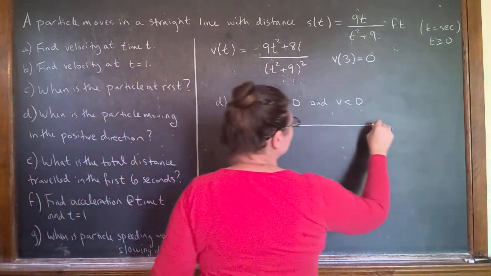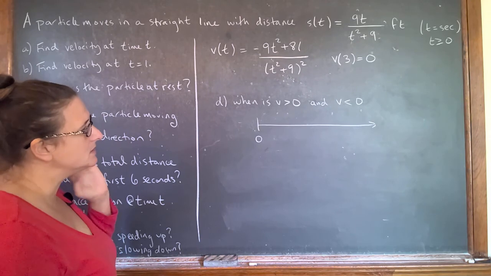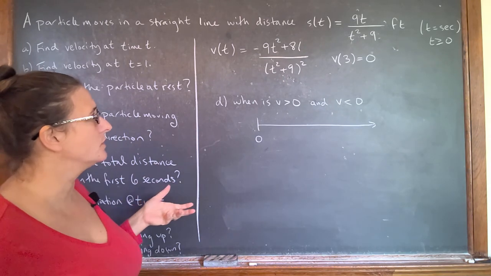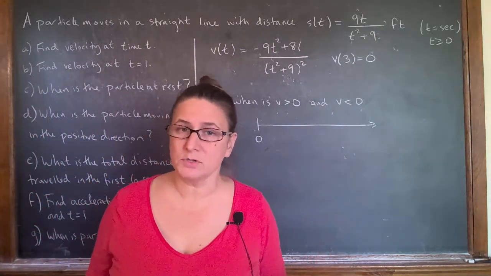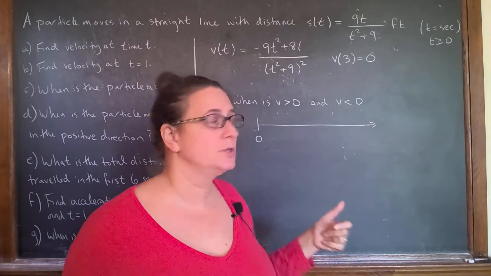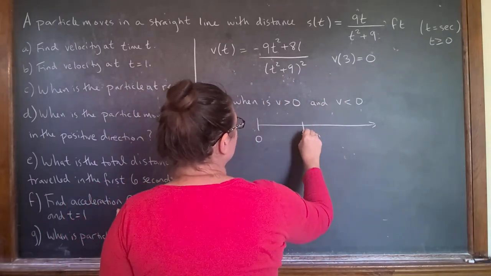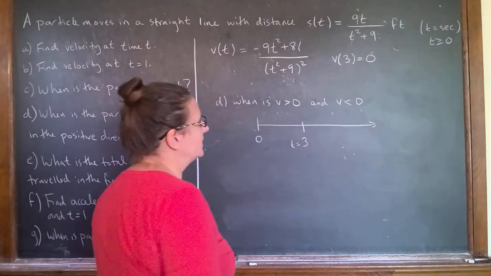And I can even start from 0 because I only care about t greater than 0. To make the sign chart for the velocity, I need to know where the thing is 0, because that's where it's going to change signs. So this is obviously going to be 0 when t equals 3, because we already found that. That's why I kept it up there.